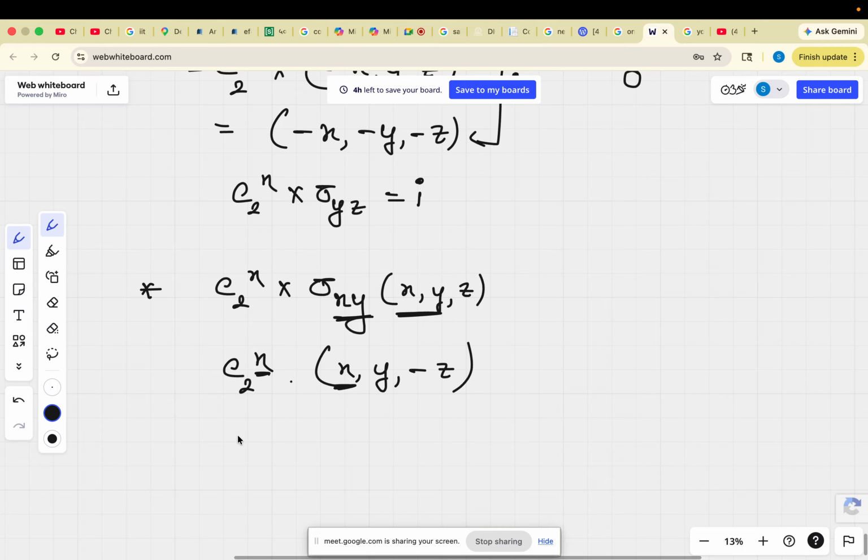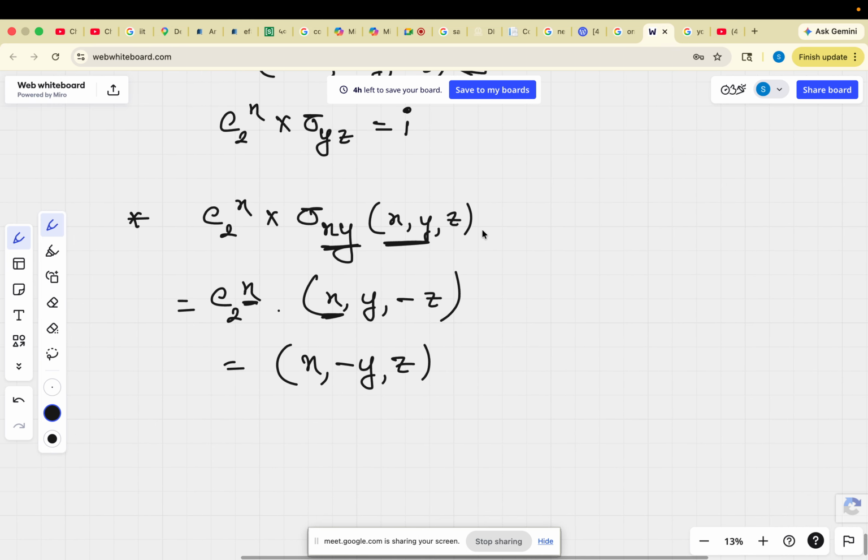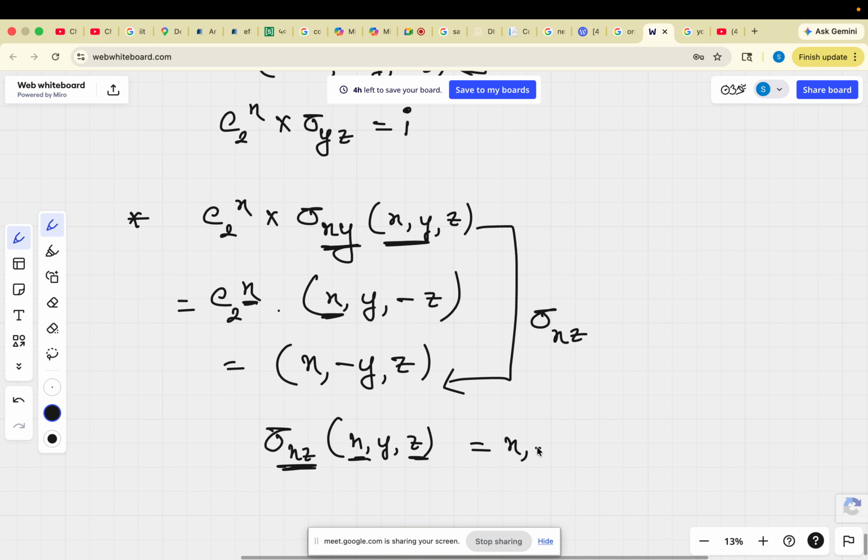So x is not changing, y will become minus y, minus z will become only z. How can you get x, minus y, z directly from x y z? Only one minus, so you have to apply sigma xz plane. If you apply sigma xz on x y z, xz no change, only y will change, so you will get x comma minus y comma z.